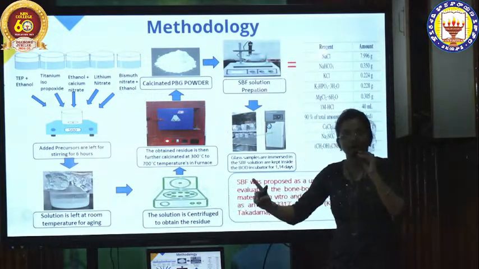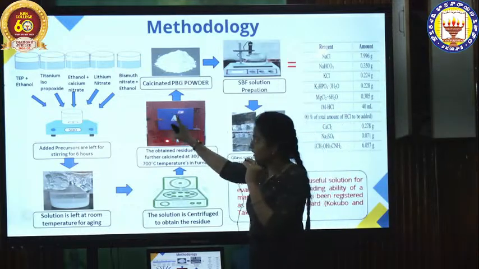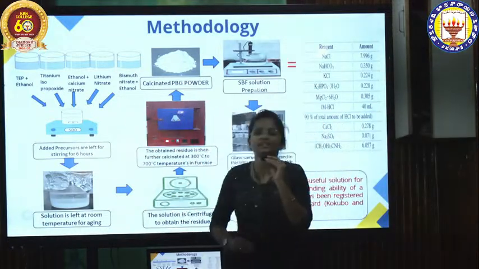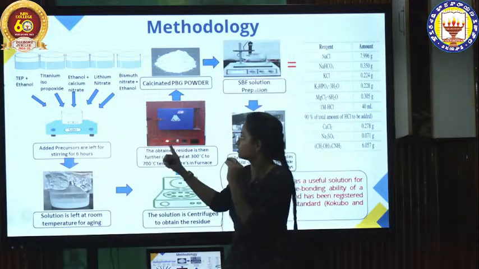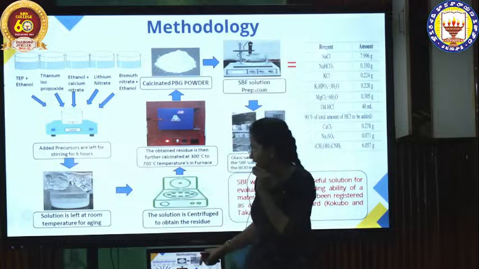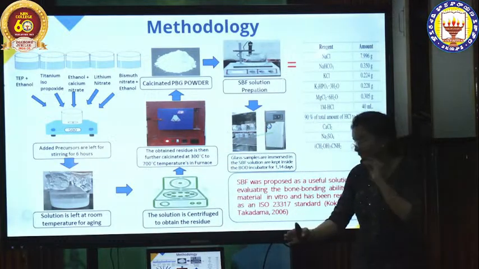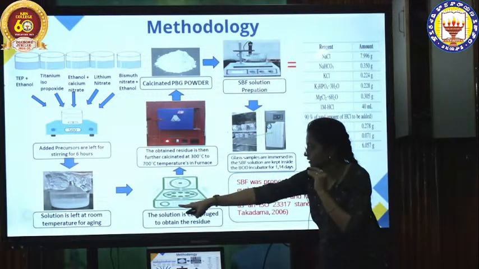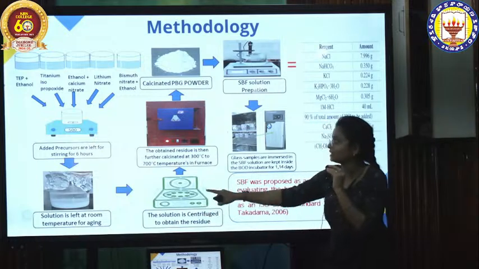All of them are diluted in ethanol in 1:3 ratios, and then all the precursors are added at several intervals of time so that we get the solvent solution, and we leave it at room temperature for 2 days. Later, the solution is centrifuged. The centrifugation gives us the powders.